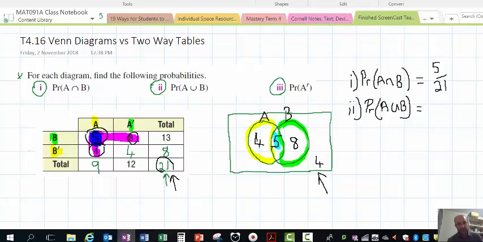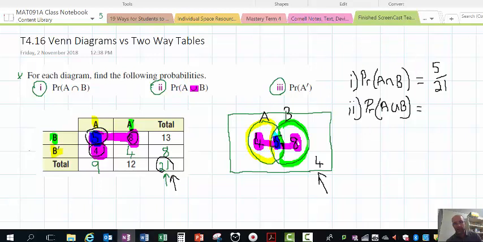It is those ones because we've got the shared zone in the middle, we've got in B but not in A, and we've got A but not in B. That's what union means. It's all of that straight across.